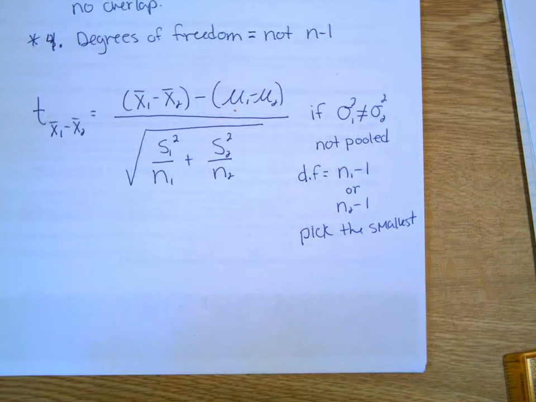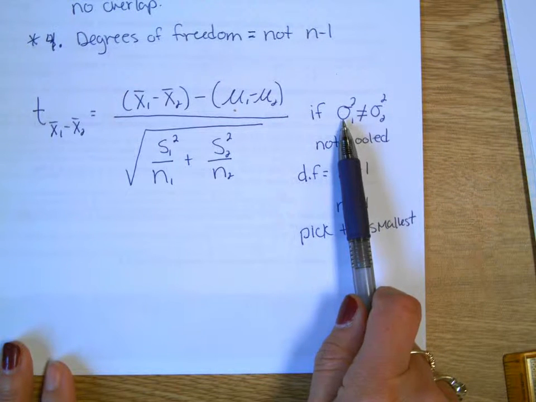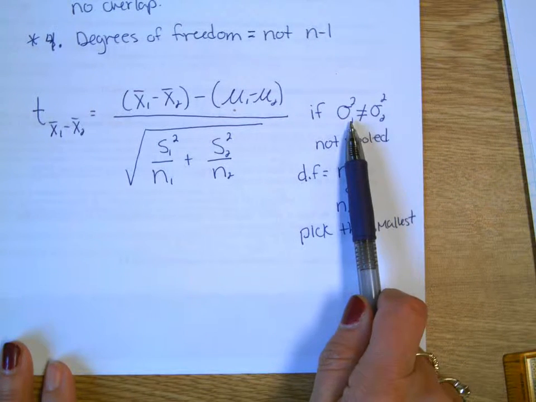Okay, so that's the formula you're going to follow if your two variances are not equal.